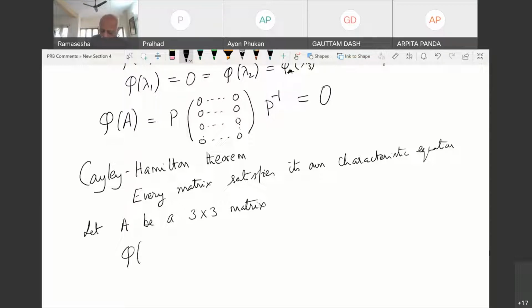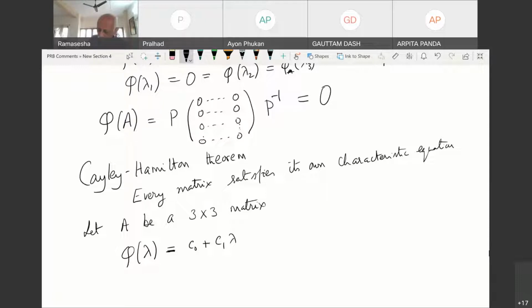Let A be a 3 by 3 matrix. Then the characteristic equation phi of lambda is equal to C0 plus C1 lambda plus C2 lambda squared plus C3 lambda cubed.